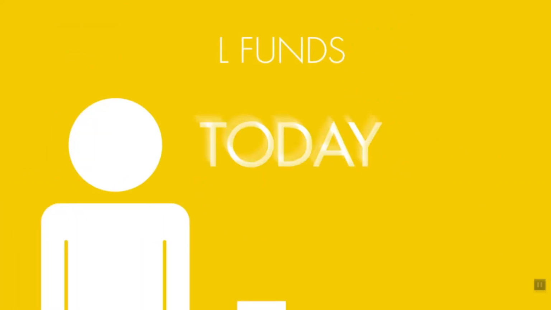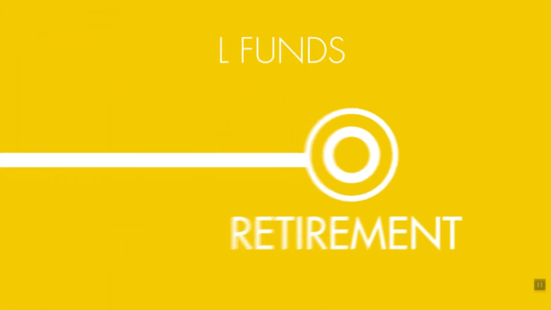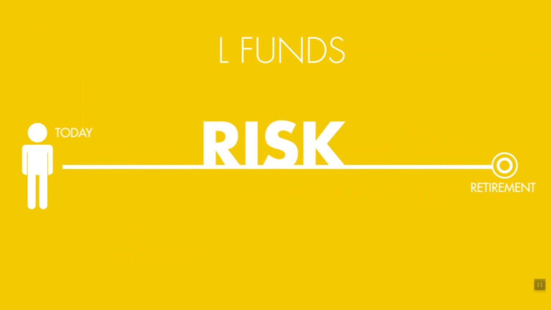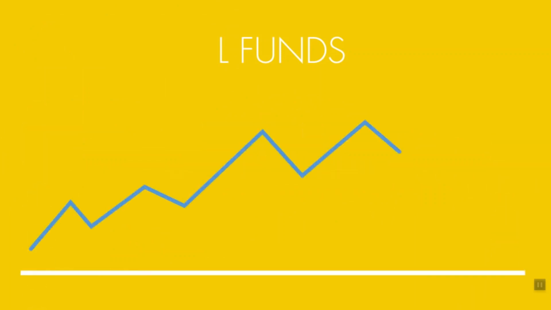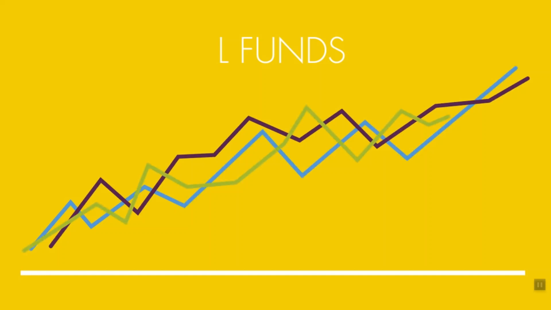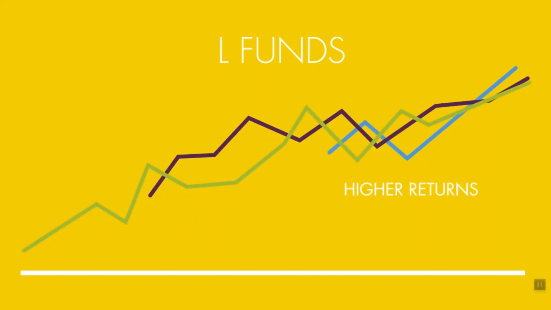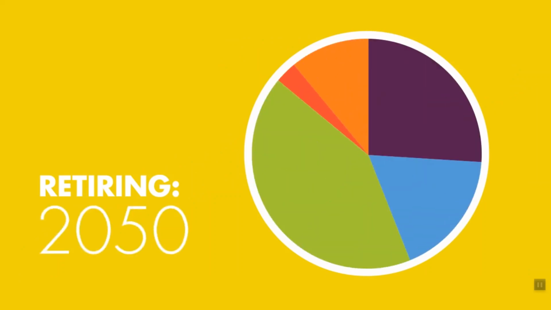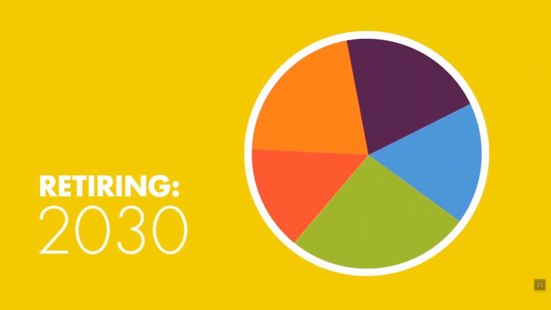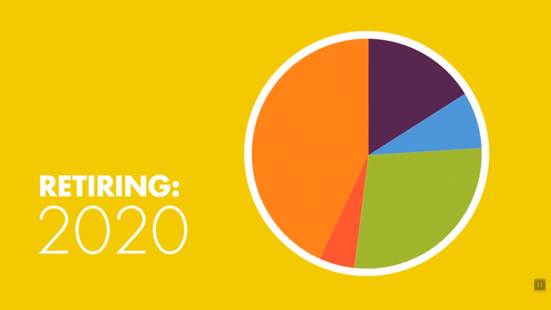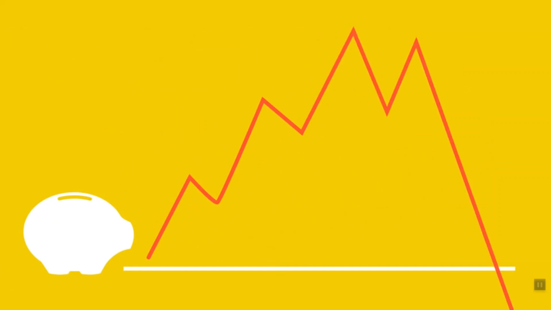The L funds assume that the farther you are away from needing your money, the more you are able to tolerate risk. Therefore, they give you the opportunity to enjoy the potentially higher returns associated with investing in the stock markets. But the funds continually adjust, so as the time nears for you to withdraw your money, it is more conservatively invested. That way, you're not exposing your entire savings to unexpected market changes right when you need the income.